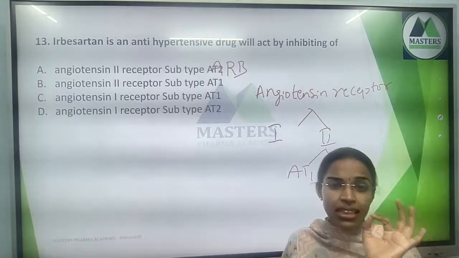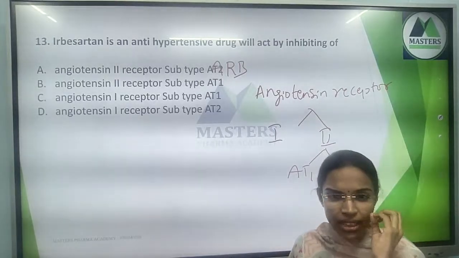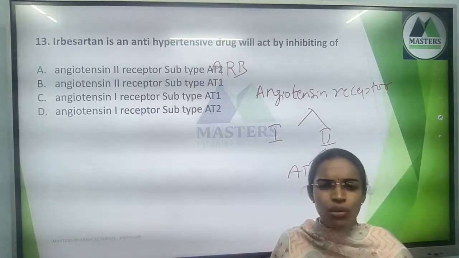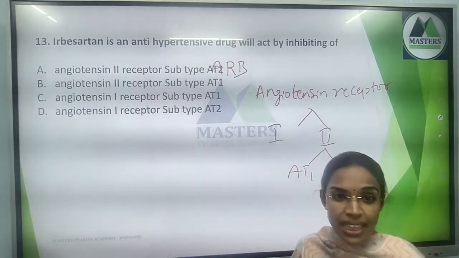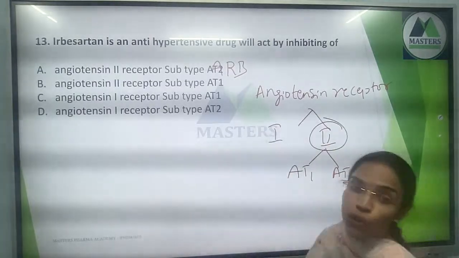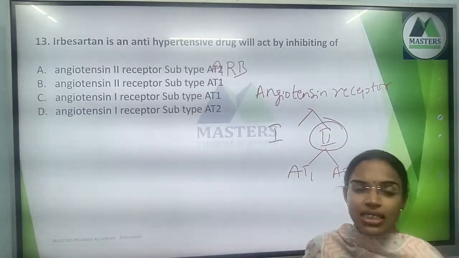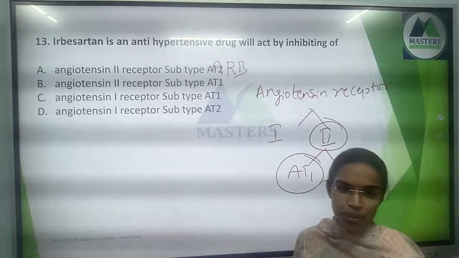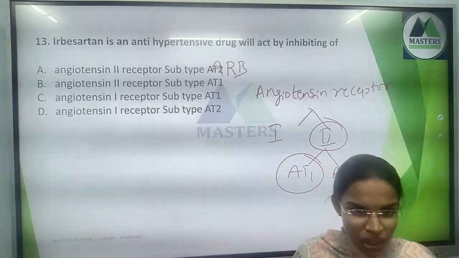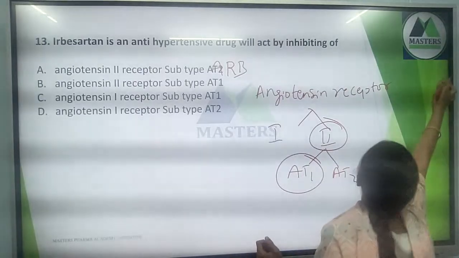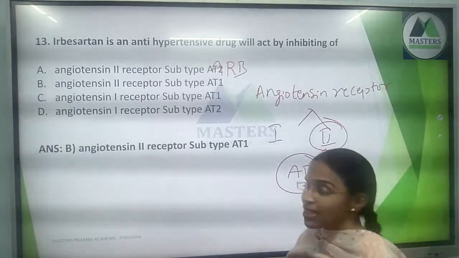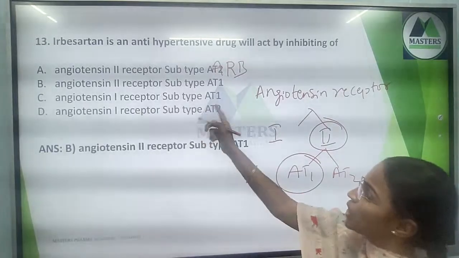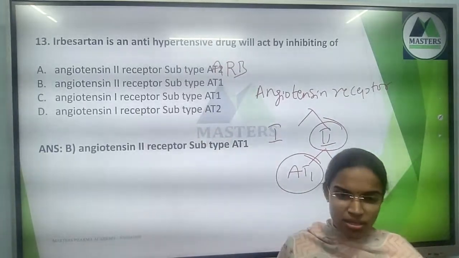All the sartans, whether valsartan, telmisartan, losartan, or irbesartan, are angiotensin receptor blockers of subtype B1. The right option is angiotensin 2 receptor subtype B1, option B.